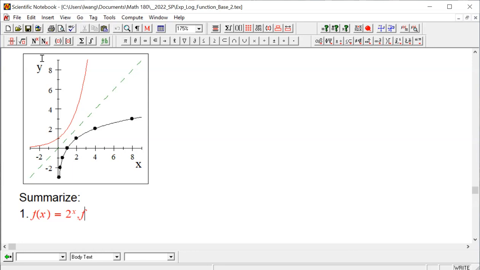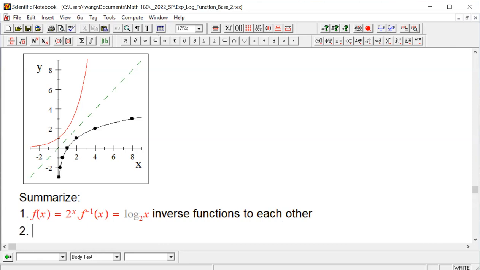And its inverse is log base 2 x. They are inverse functions to each other. They're uniquely corresponding to each other, right?